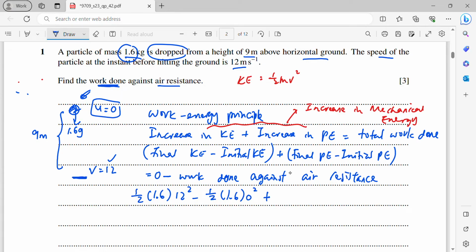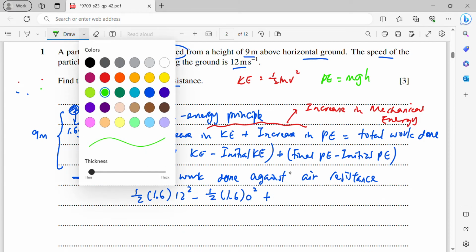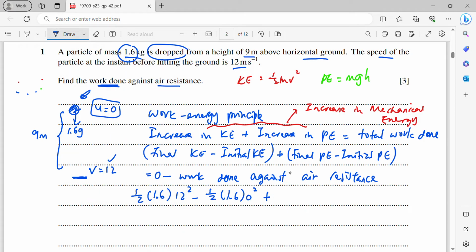Plus, now the PE, potential energy, the formula is mgh. The m is 1.6, the g is 10, the gravitational acceleration, then the h is 9. This is the final PE.